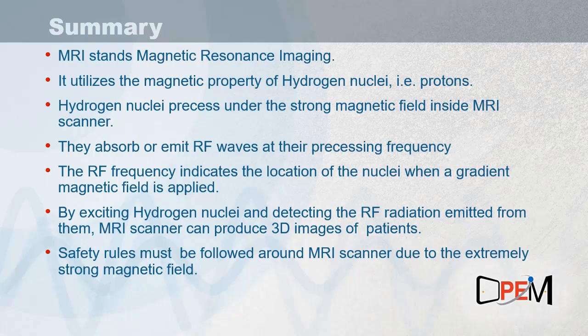The RF frequency indicates the location of the nuclei when a gradient magnetic field is applied. By exciting hydrogen nuclei and detecting the RF radiation emitted from them, the MRI scanner can produce 3D images of the patient. Safety rules must be followed around the MRI scanner due to the extremely strong magnetic field.